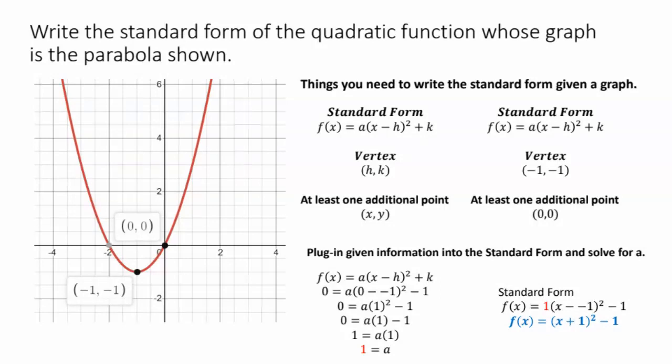Our equation for this graph is f of x is equal to (x plus 1) squared minus 1. Okay. So again, for us to do this from a graph, we need to know the standard form equation of a quadratic, and we need an additional point.